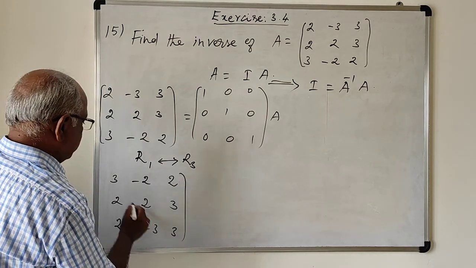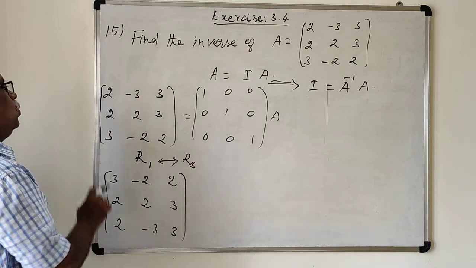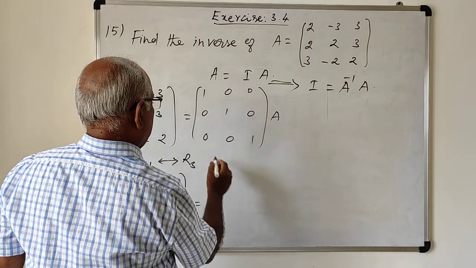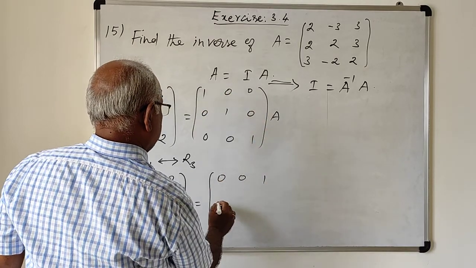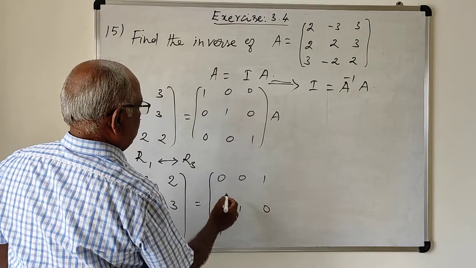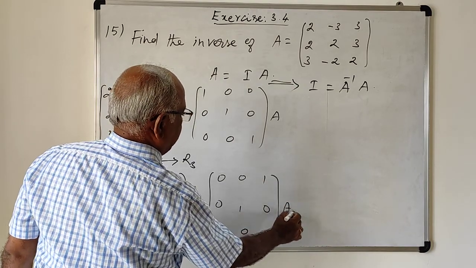This is the first operation: R1 becomes R3, R3 becomes R1. Similarly, on the right-hand side, R3 becomes R1 and R2 stays as it is, and R1 comes in the place of R3, 1, 0, 0. This is our first operation.